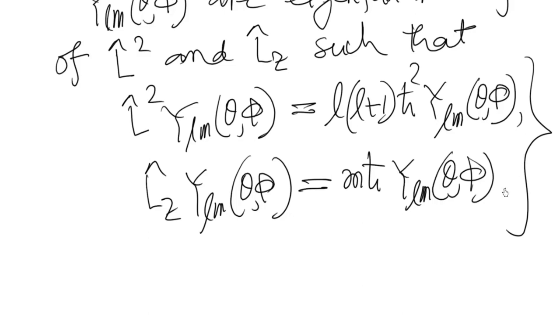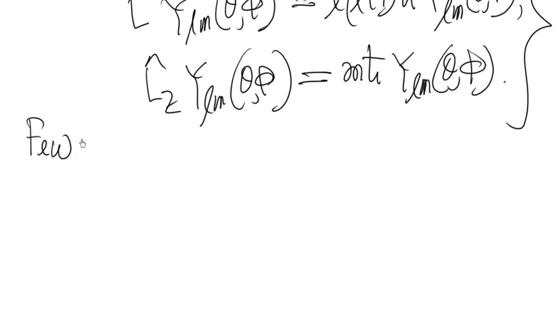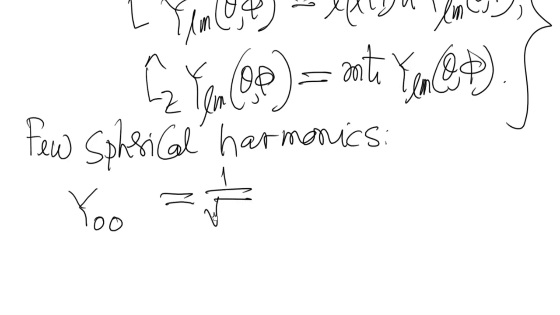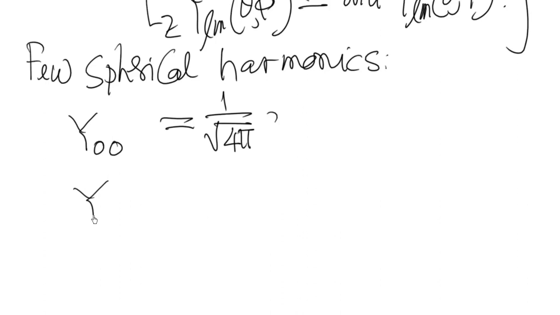We can list a few spherical harmonics here. Y00, these are standard, and you can find all of these in different books. Y10 is square root of 3 by 4 pi, times cos theta.